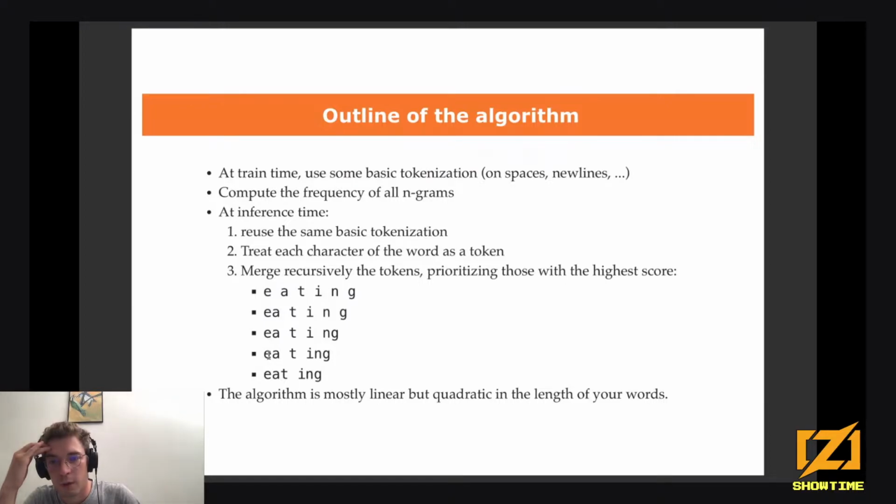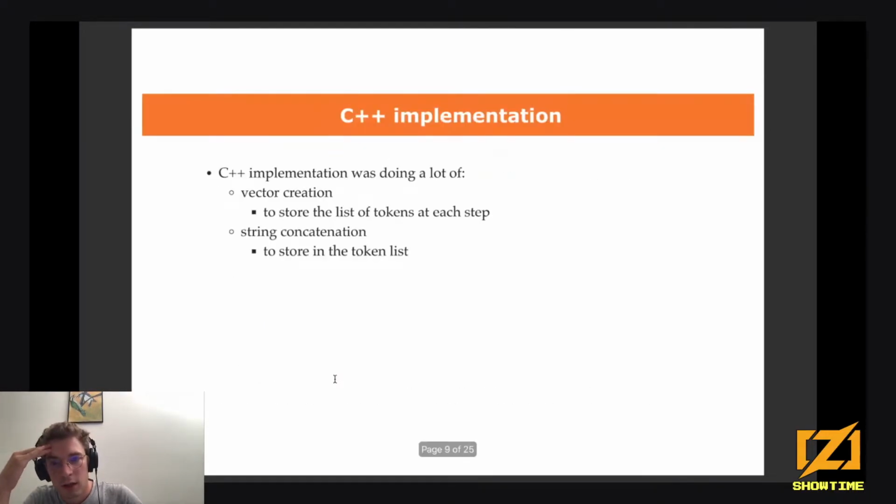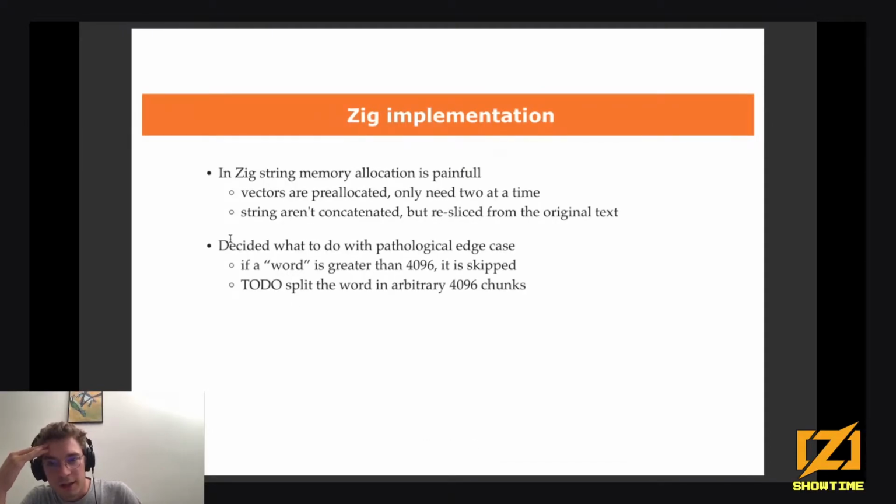I always have the current state and the new state. Small optimizations like that. And the strings are not concatenated, but since I'm using slices, concatenating two slices is free. I just recompute the end of the slice and I have a new slice.